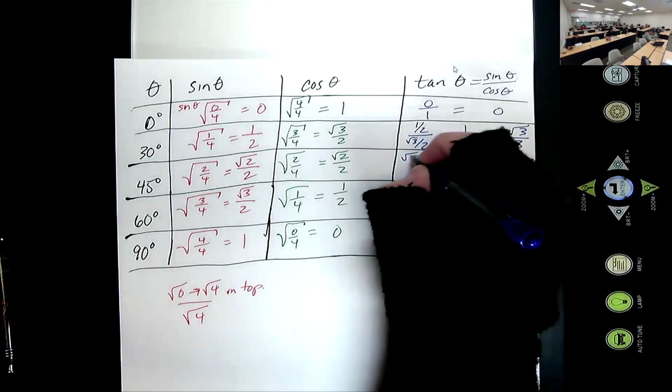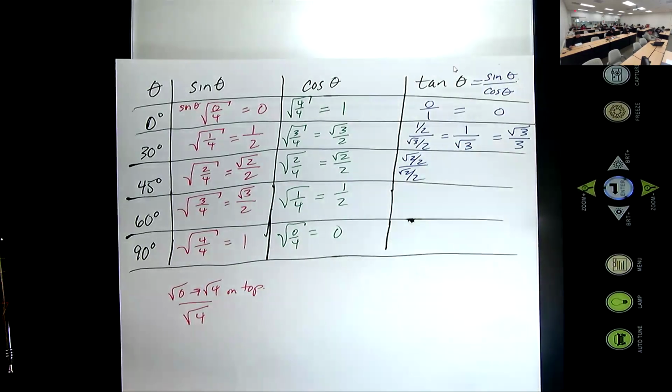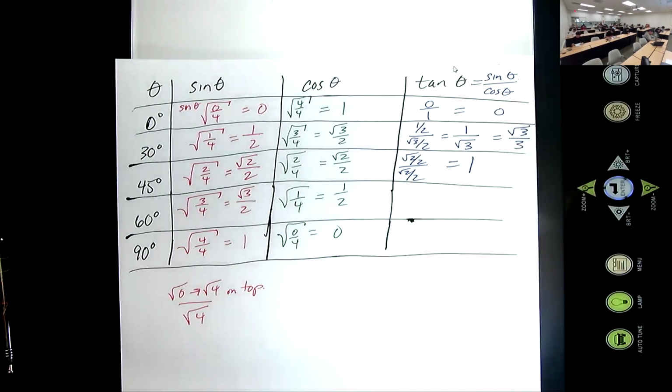This one is square root of 2/2 divided by square root of 2/2. I've got the same thing on top and bottom. Tangent of 45 is 1.